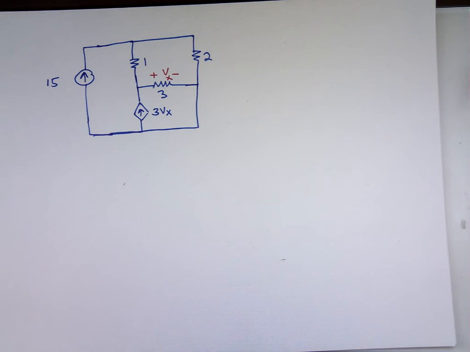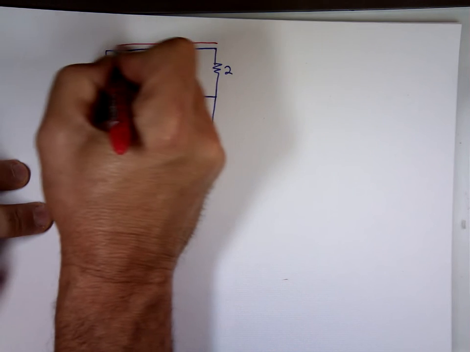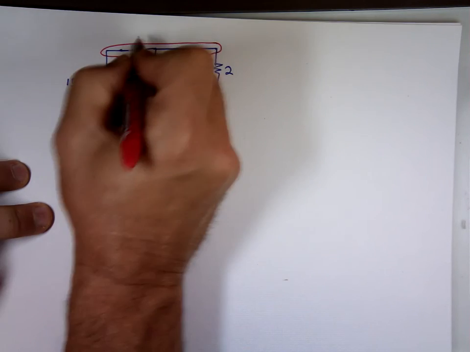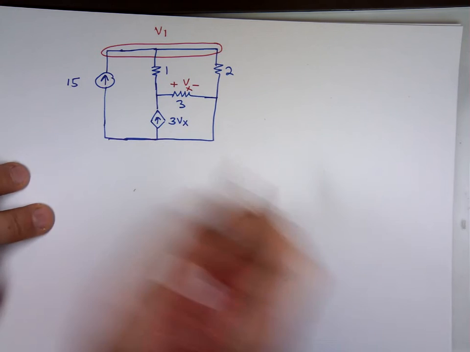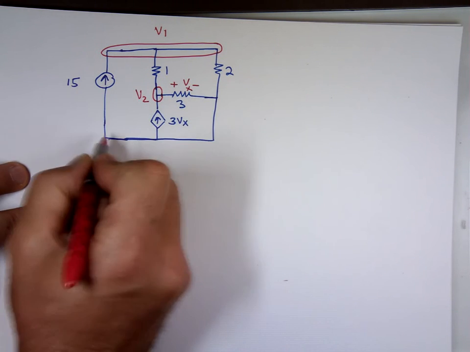Okay, let's look at this. How many nodes do you see there? There's one on the top. We'll call that voltage V1. You get this one, V2. That's your ground.